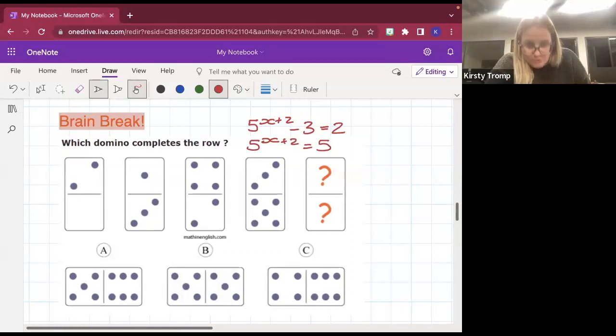Yes. All right. Now, on that 5, what's the exponent on that 5? It's x plus 2. Okay, that's on the one side. On the other side, what's the exponent on the 5? There's no exponent. Good. So what is the exponent? Is it 0? Yes. What's 5 to the power of 0?